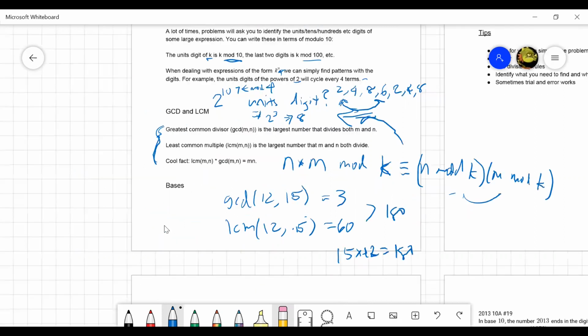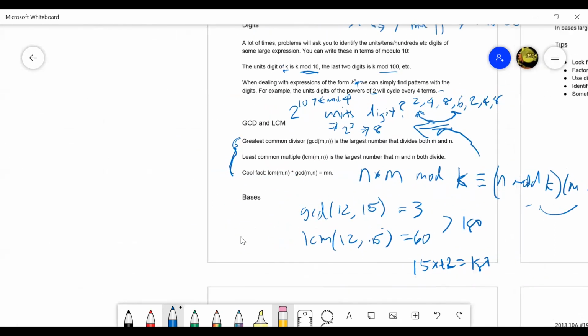And one thing I should mention for GCD is, while it's not too often that you'll see something like that, you may be asked to find the greatest common divisor of two large numbers, large enough that it's not immediately obvious what they're divisible by, like what their factorizations are.